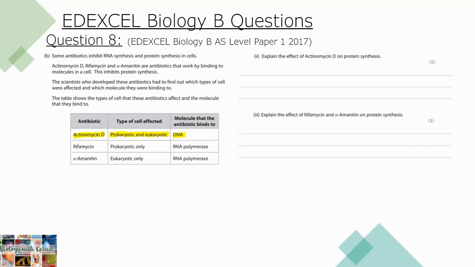And our next question, to explain the effect of rifamycin and A-amanitin on protein synthesis. So rifamycin affects prokaryotic cells only, and it binds to RNA polymerase, whereas A-amanitin affects eukaryotic cells and also binds to RNA polymerase.